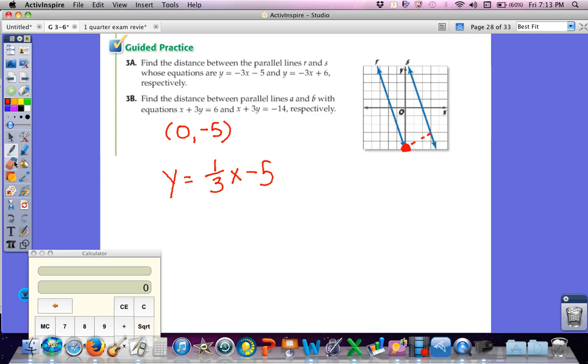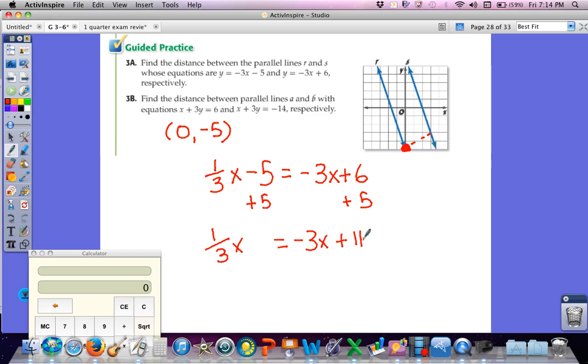That's the y-intercept. I'm going to do a system of equations. I'm going to take that equation and set it equal to the other equation that it's going to intersect. I want to find the point of intersection, the point that they share in common. Add 5 to both sides. I get 1/3 x equals -3x plus 11.